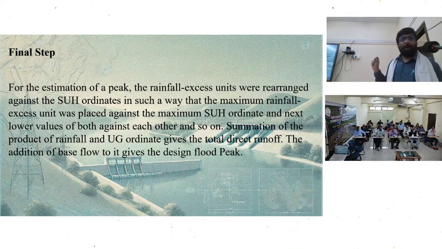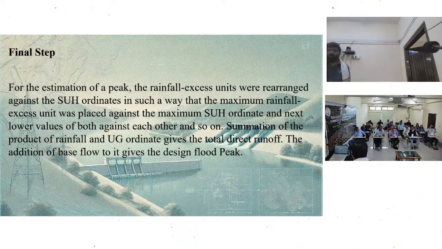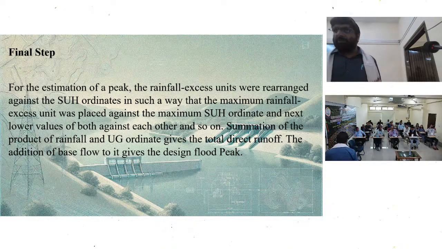This is the tricky part here. For the estimation of the peak flood, the rainfall excess units were rearranged against the SUH ordinates in such a way that the maximum rainfall excess unit was placed against the maximum SUH. Now what does this mean? Now you have all these rainfall values.